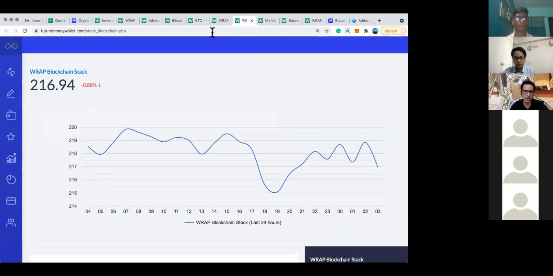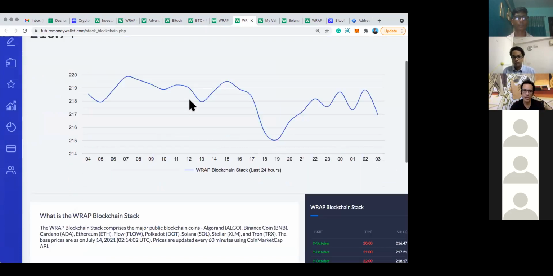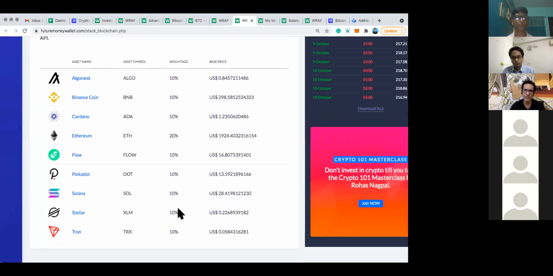Before we end, there's just one small thing I wanted to cover. I also believe in the concept of making your own indexes and stacks. So instead of going for one crypto, you go for a bunch of them. For example, I've created something called the blockchain stack, which comprises these cryptos in a particular weightage.